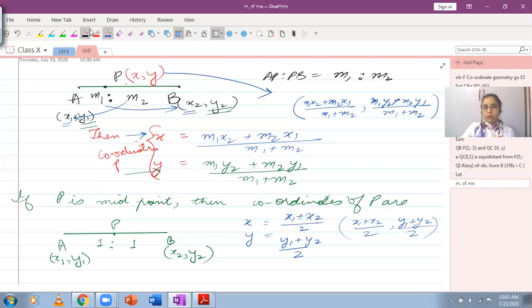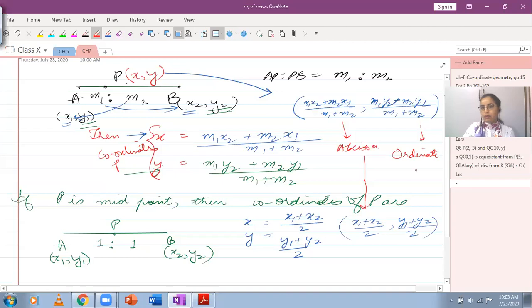So observing, this is the abscissa of P over here, and this is the ordinate. Anyone who has a question in the formula about this?